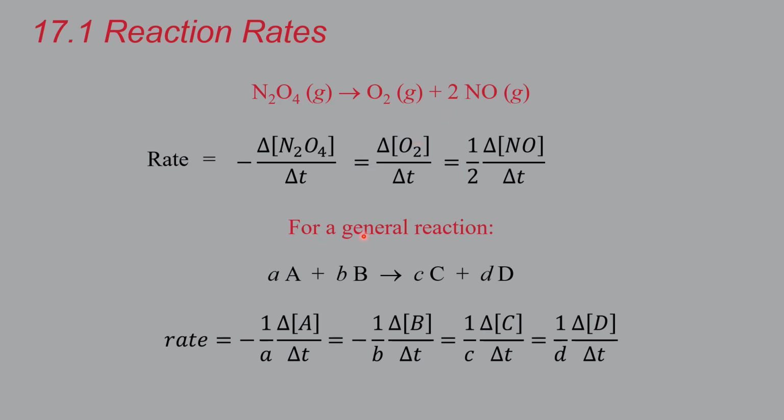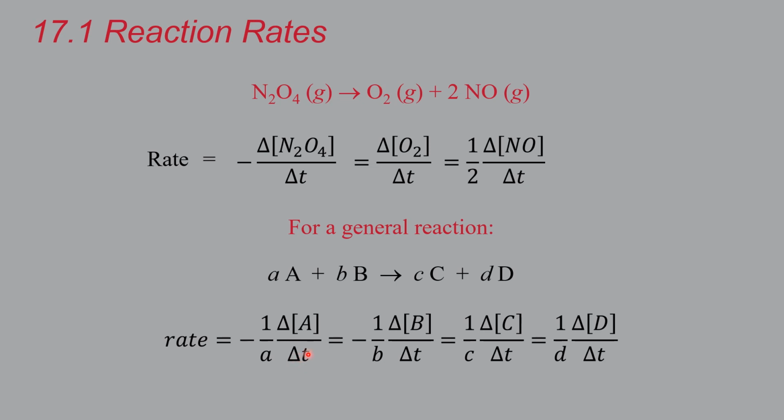So whenever you're describing the rate of any reaction, so little a A plus little b B giving you little c C and little d D, say that fast a couple times, the full form of the rate is going to be equal to 1 over the coefficient times the change in concentration divided by the change in time.